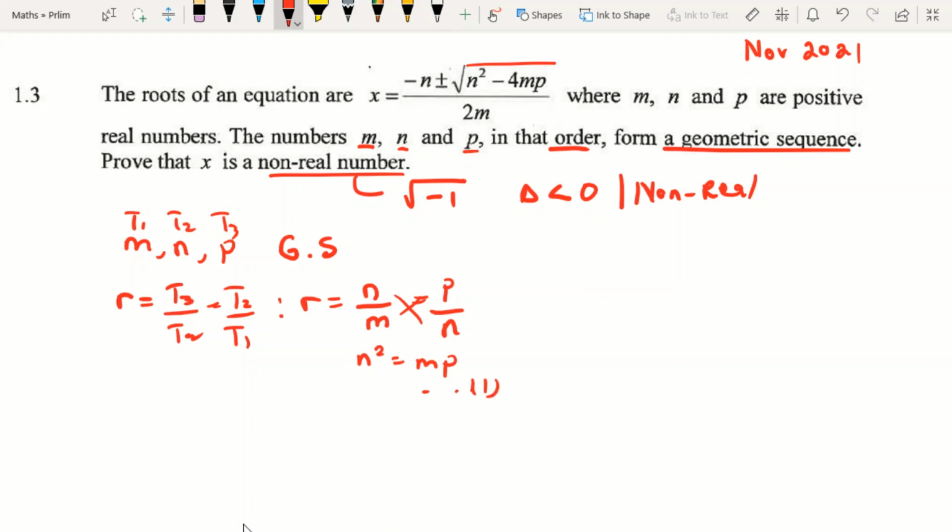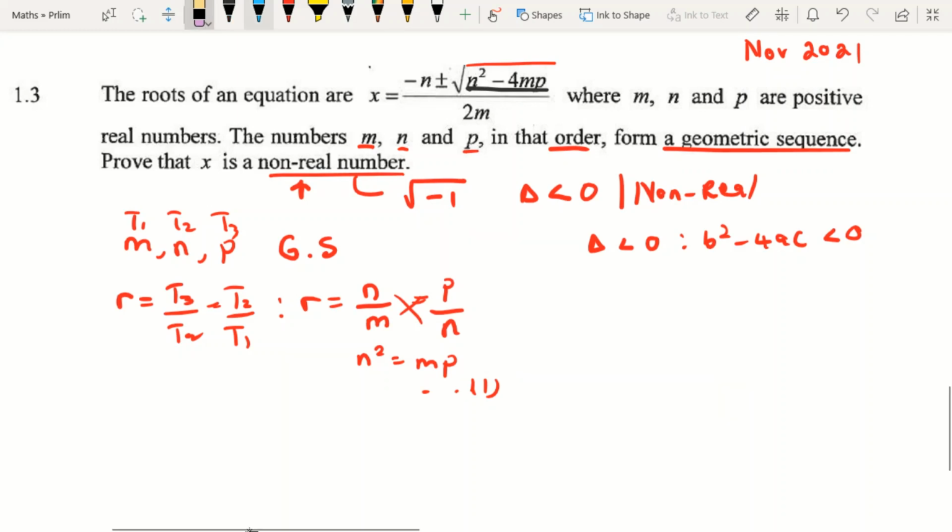And remember the last part of the statement says that we should prove that x is non-real. Non-real means discriminant less than 0, meaning that b squared minus 4ac is less than 0. So what is our b? I'm just going to take what's inside the square root, because we don't have a standard form of equation.